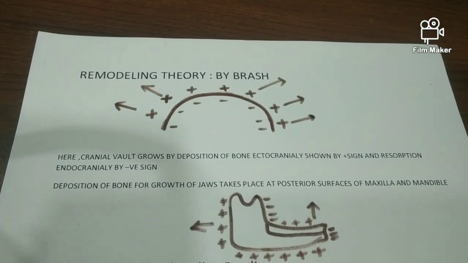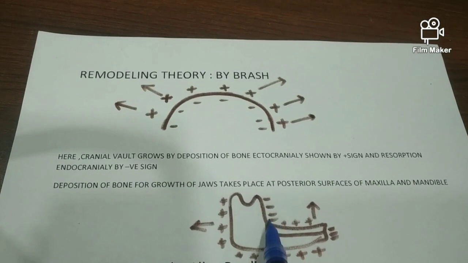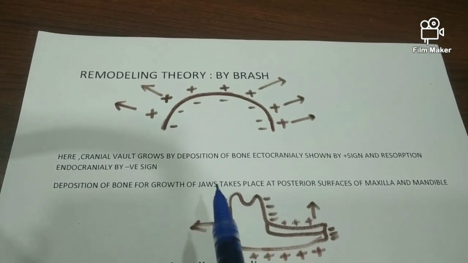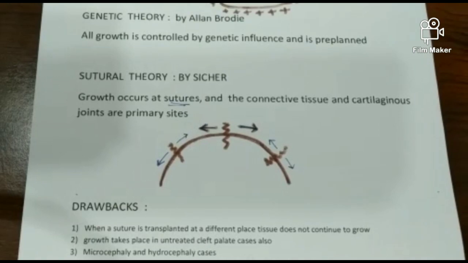Remember, deposition of bone for growth of the jaw takes place at the posterior surfaces of the maxilla as well as the mandible. You can clearly make out how deposition and resorption of bone in the growth of the mandible is taking place. This is what remodeling theory explains.